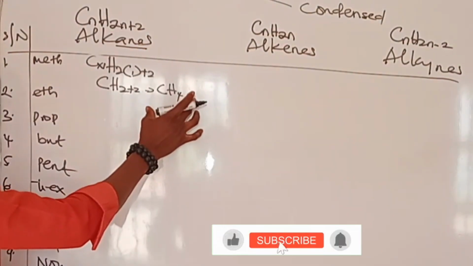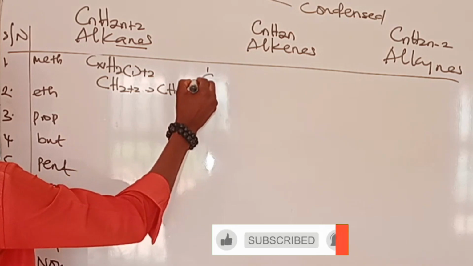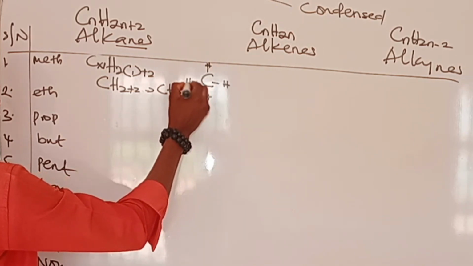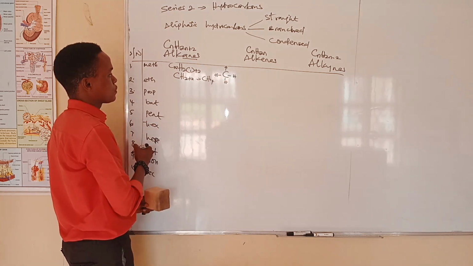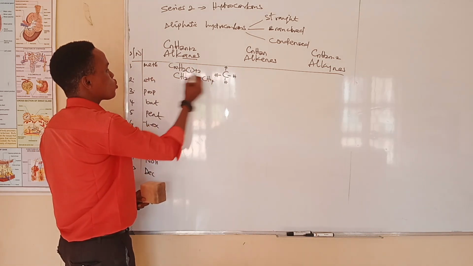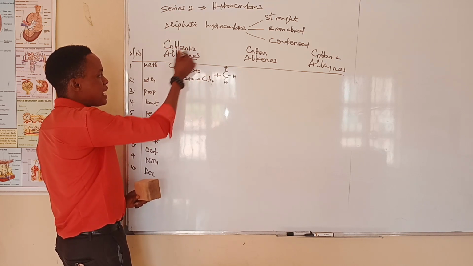Methane. In the structural formula, we have 4 hydrogens surrounding the carbon. Now, this is for methane. The name now will change, we are now going to attach ANE to it.